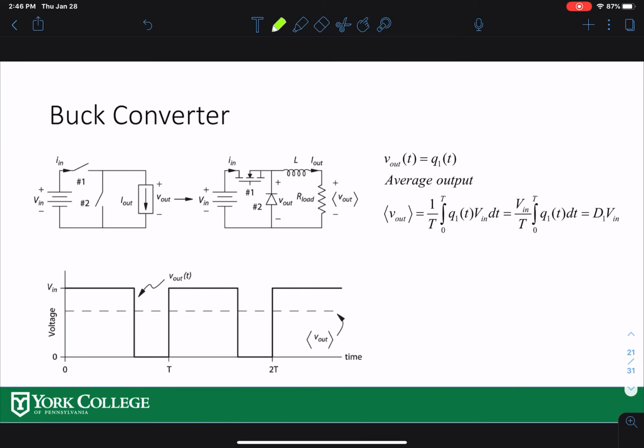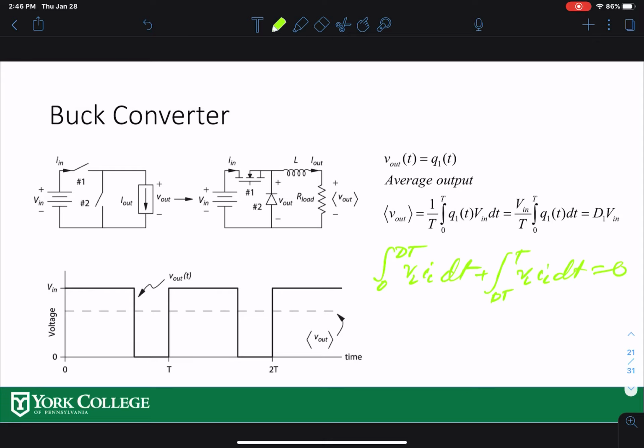All right. To find the relation between input and output, we can go back to the analysis we did before, which is the energy conservation analysis. Let's say your duty ratio is D, so it would be the integral from 0 to DT of V_L I_L dt, plus the integral from DT to T, where T is the period, of V_L I_L dt, which should be equal to 0.